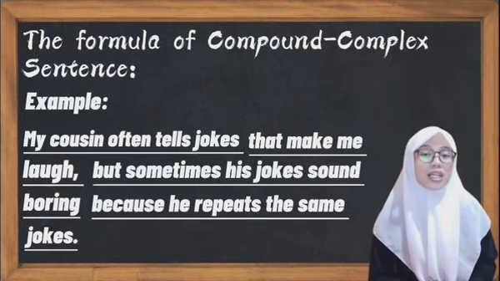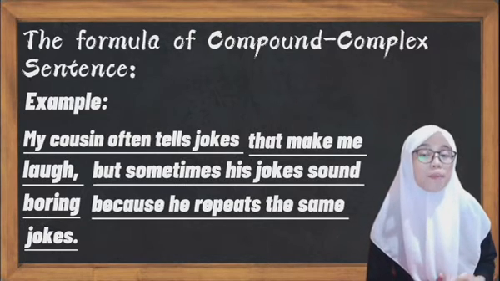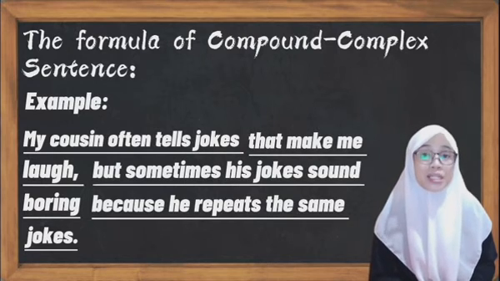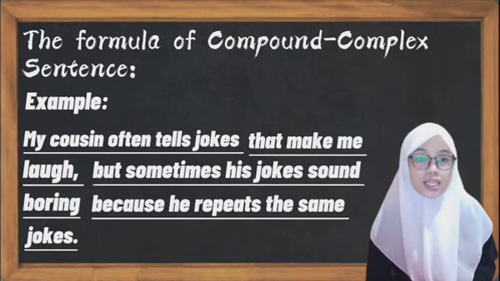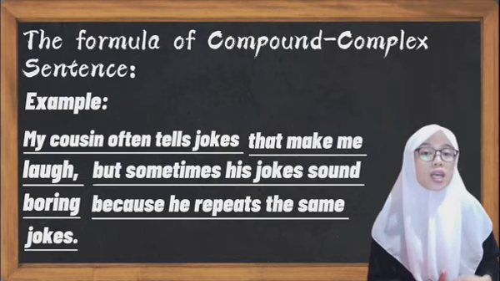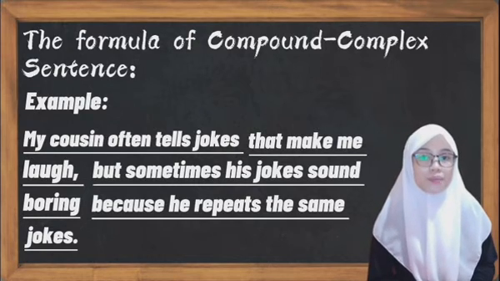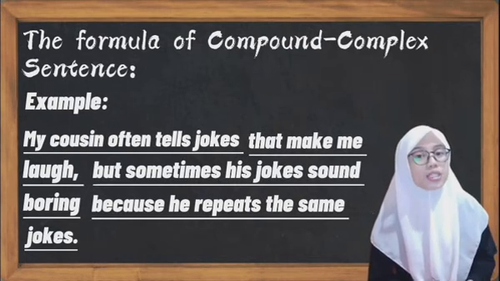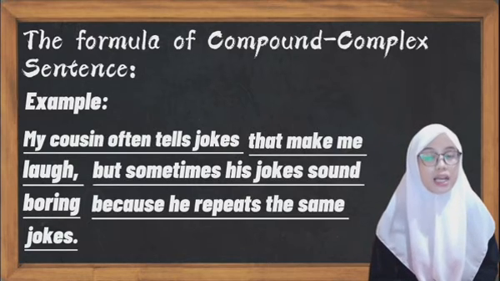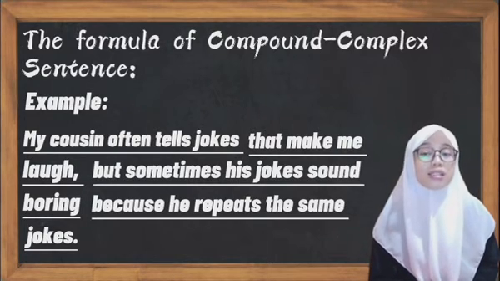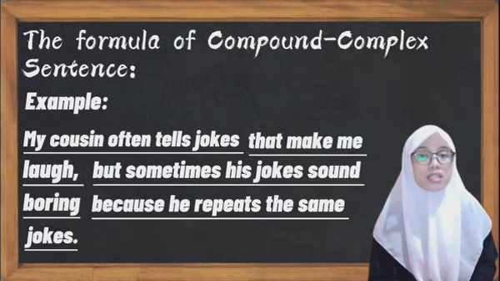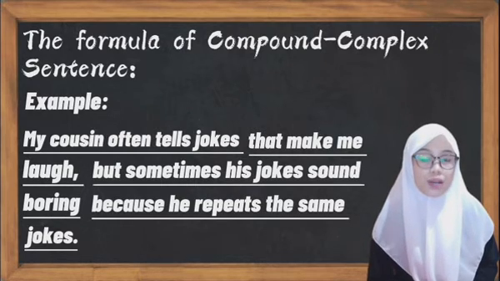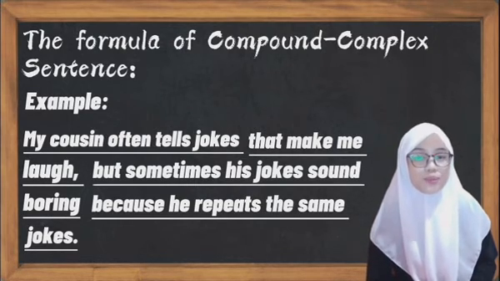Plus coordinate conjunction but plus independent clause sometimes his jokes sound boring plus subordinate conjunction because which is followed by sentence he repeats the same jokes to form a dependent clause. The sentence consists of two independent clauses and two dependent clauses. The type of the dependent clauses are adjective clause and adverbial clause.